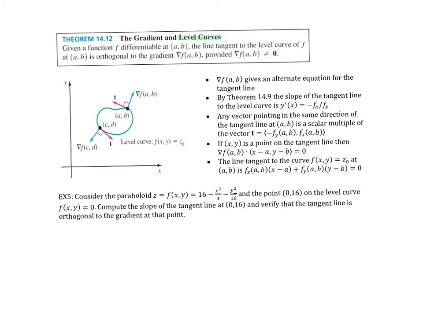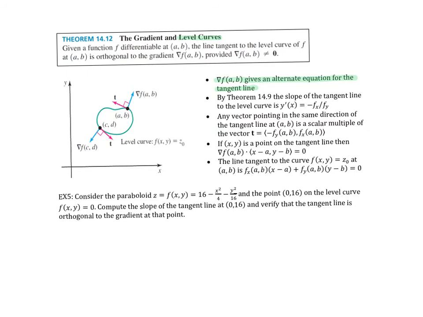You'll get a curve that you will push down to the xy plane. It so happens that, and we're going to look at some properties, that our gradient vector will give us an alternate equation for a tangent line.